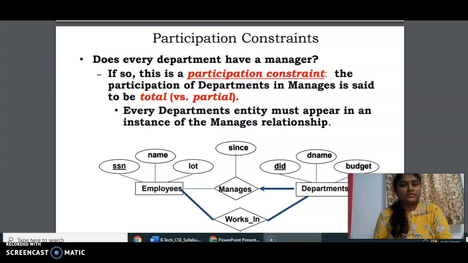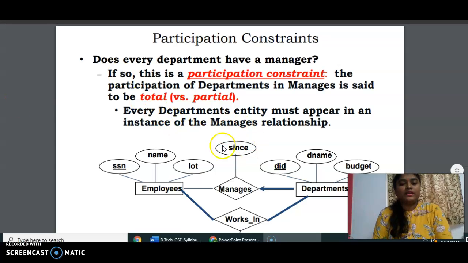So that is the relationship between student and course. The relationship name is enroll, right? If I want to specify that there should be compulsory total participation, then it should be written with a dark or thick line, or in some textbooks it will be represented with double lines.